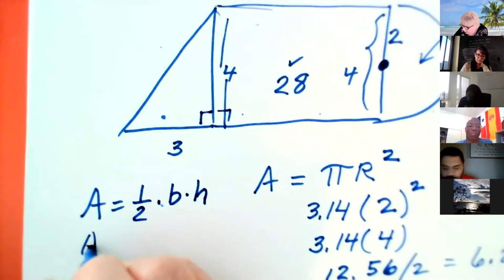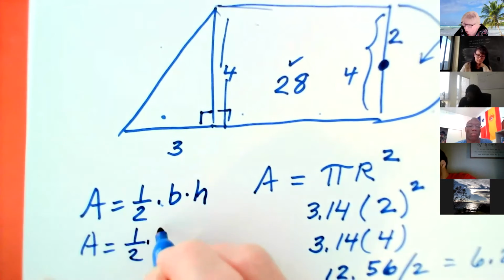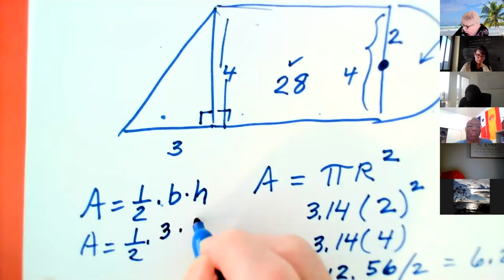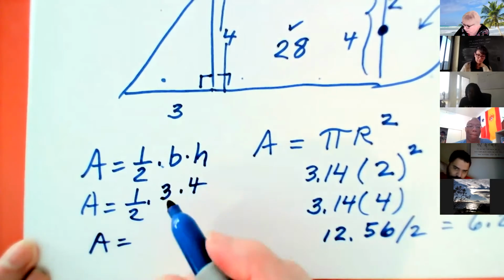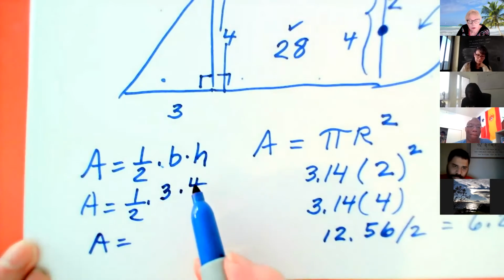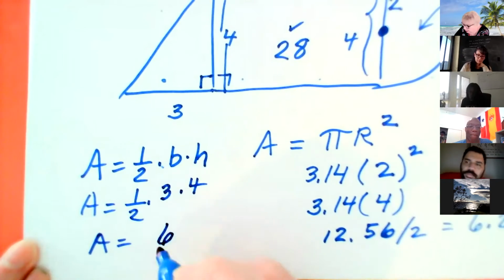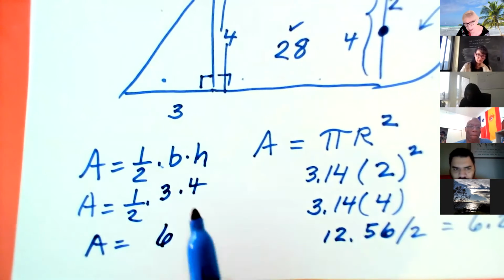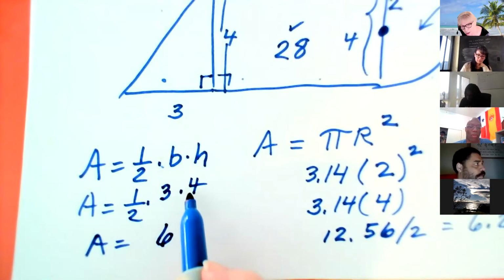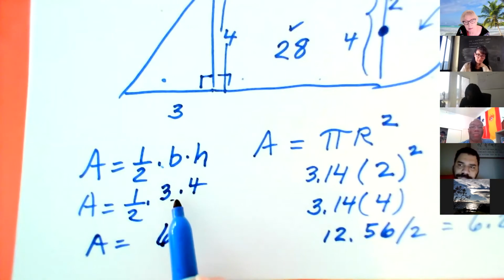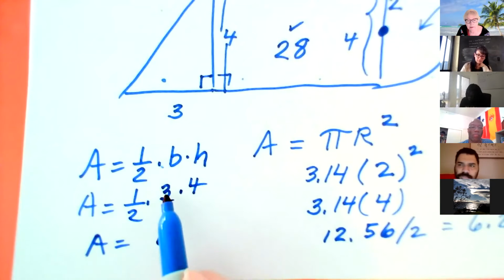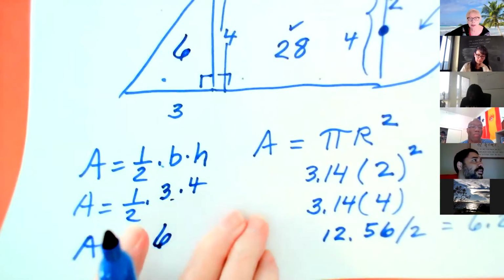The area would be 1/2, with the base 3 and the height 4. So 3 times 4 is 12, half of 12 is 6. Remember I told you last time, sometimes I use commutative and associative because I think it's easier. Instead of taking half of 3, which is 1.5, I took 3 times 4 is 12, half of 12 is 6. So this much here is 6.